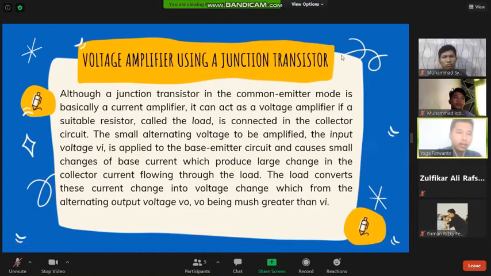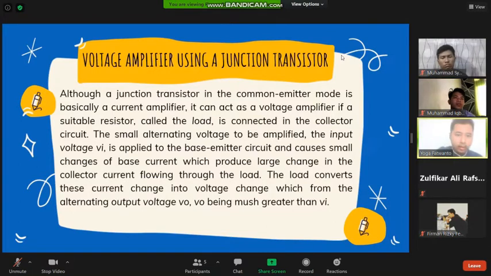Voltage amplifier using a junction transistor. Although a junction transistor in the common emitter mode is basically a current amplifier, it can act as a voltage amplifier if a suitable resistor called the load is connected in the collector circuit.